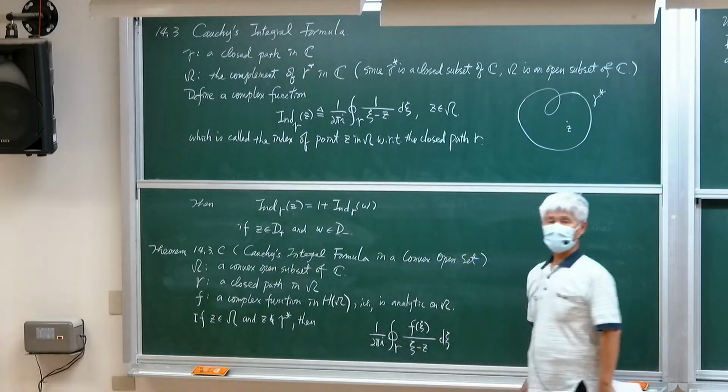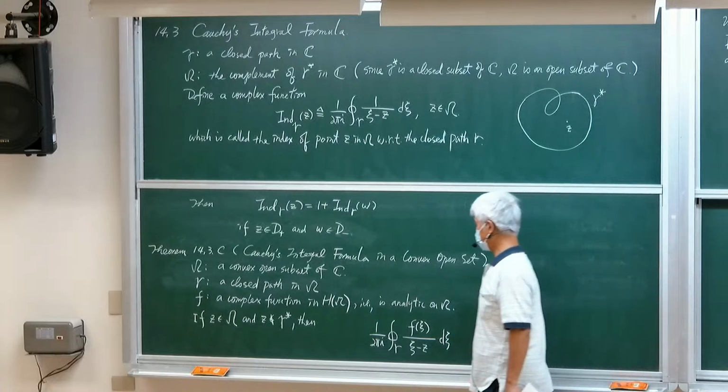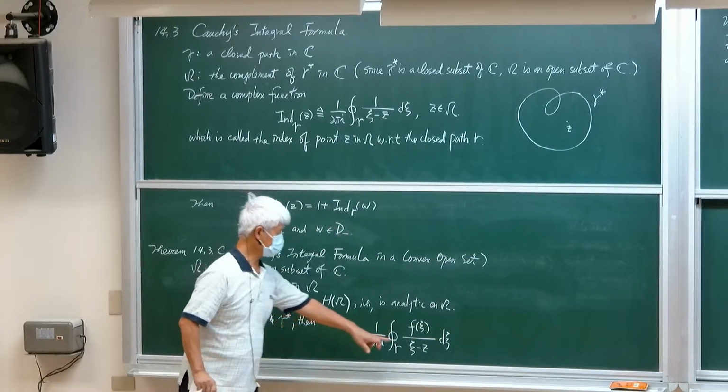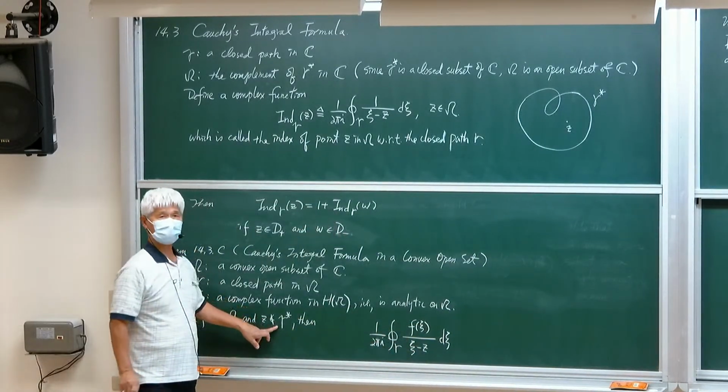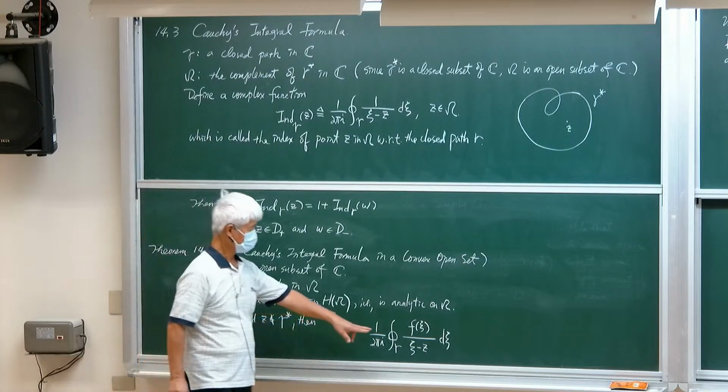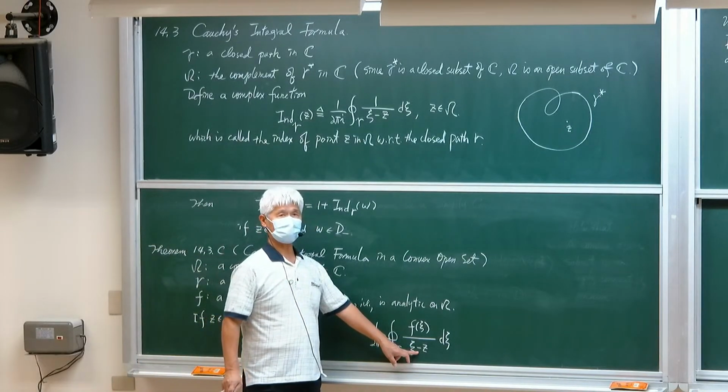Because z is not on the closed path, the denominator is never 0.